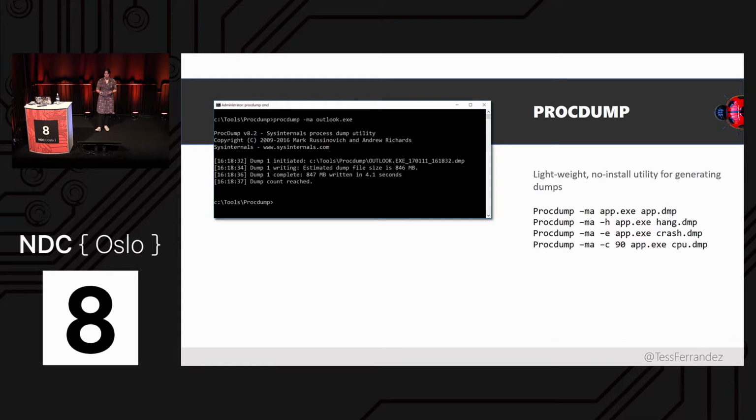And the other thing that's cool about it is that you can write a few command line parameters, and you can say, for example, just take a memory dump when it's crashing, that's -E, or -C for if CPU has been over a certain amount for a certain time, or -H for if a window has been hung more than 5 seconds.